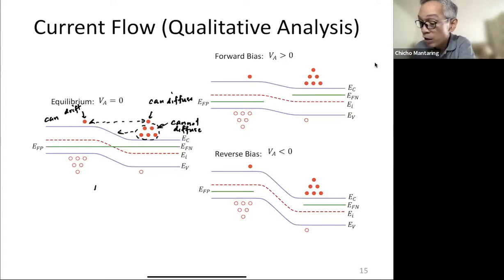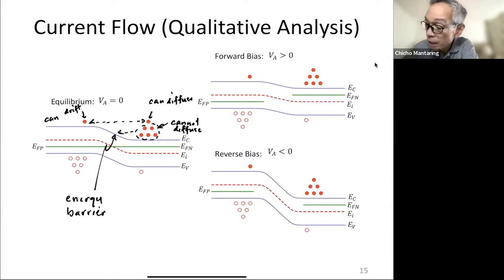These electrons cannot go to the left because of this energy barrier. Only these can go to the left, because their energy is greater than E sub C. So in this particular situation, this can diffuse and this can drift, and they will just cancel each other out. So your I due to N will be equal to 0.